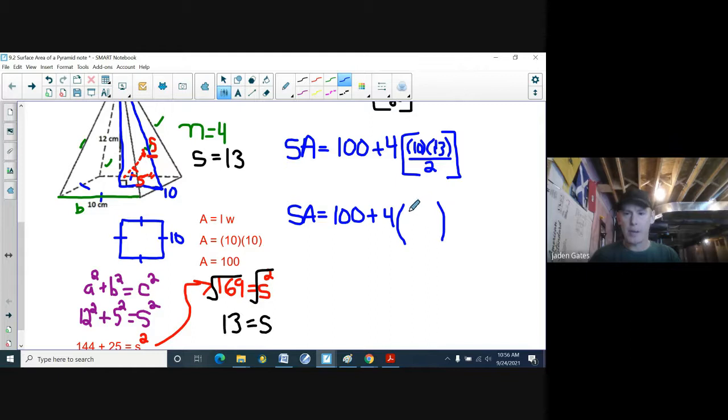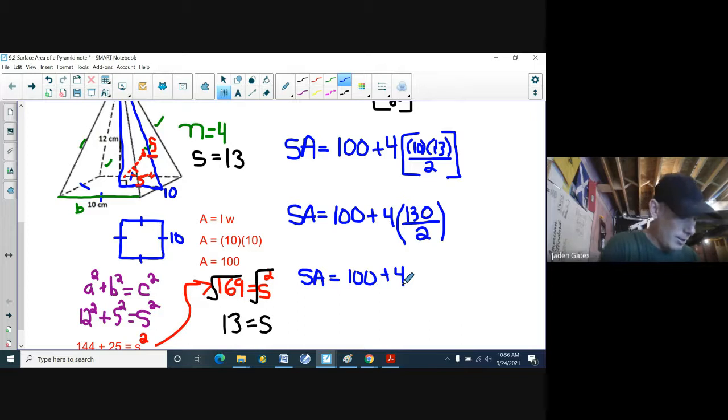Anytime you have something times 10, you just add a 0, so it's 130. But I'm still not done with brackets yet. I have to do 130 divided by 2. I get 65.